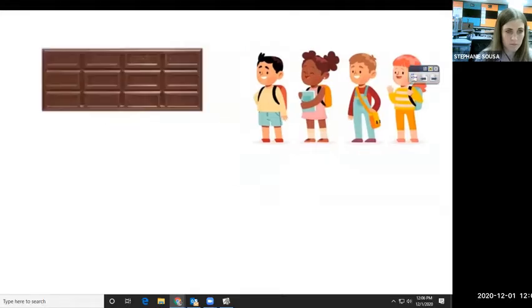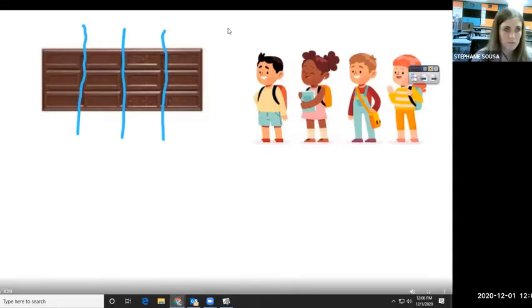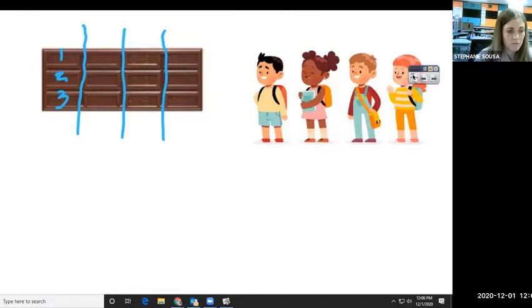Okay, but then what happens if we have a larger candy bar and we still want to share it with our 4 friends? You might look at that and think, well, it could still be pretty simple based on how it's been divided. We could just cut this right here, here, and here, or partition it, and give each friend 3 pieces. 1, 2, 3 pieces for this guy. 1, 2, 3 pieces for her. 1, 2, 3 pieces for him, and 1, 2, 3 pieces for her.